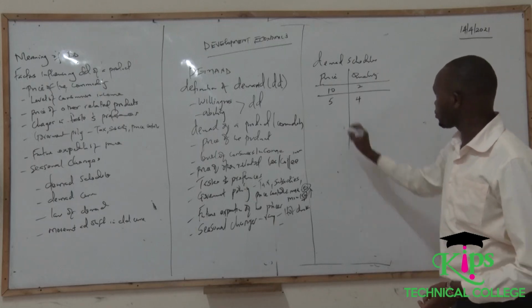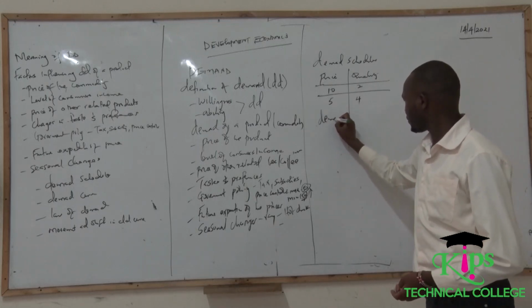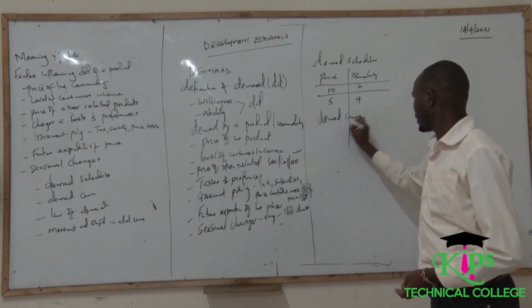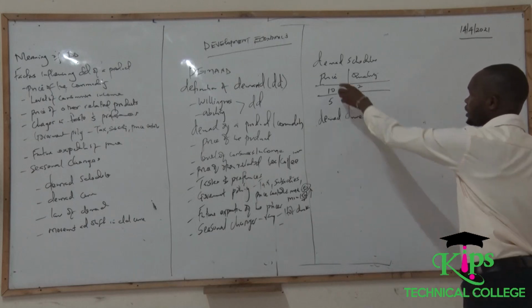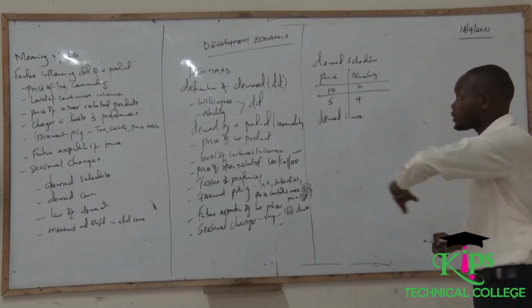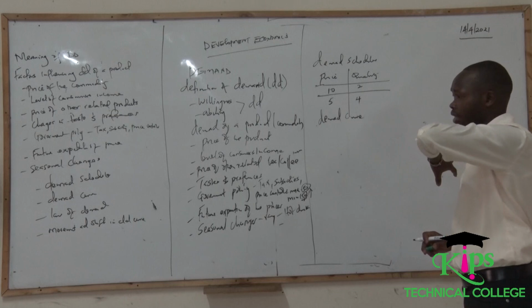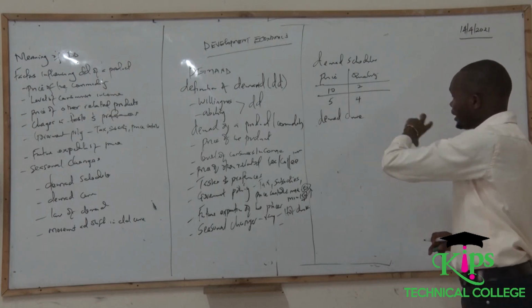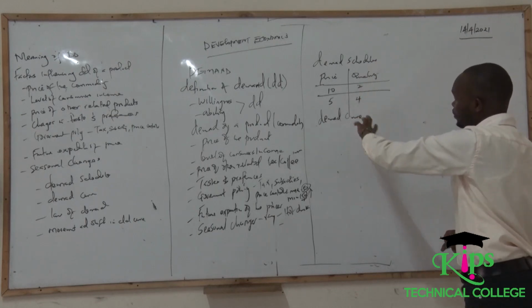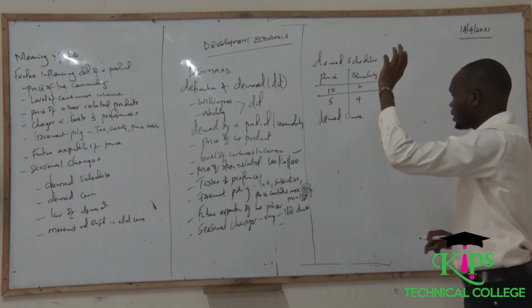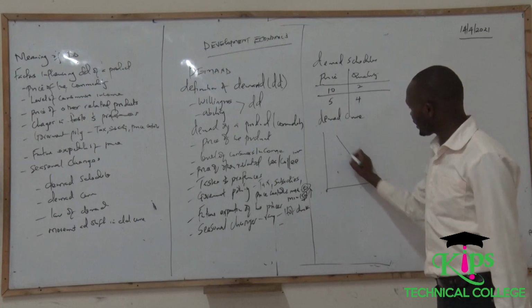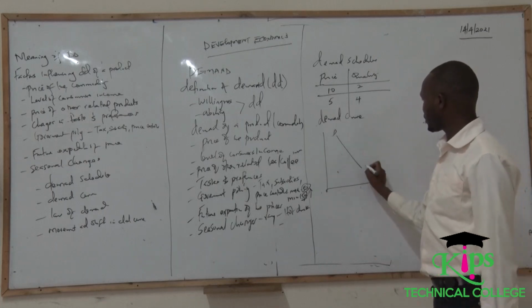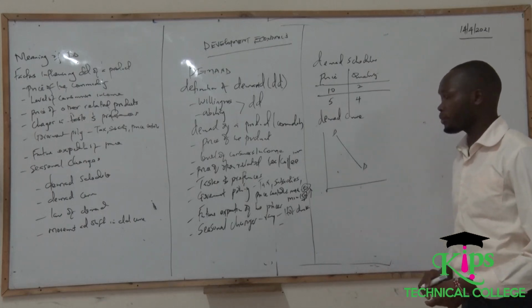Then we are also supposed to know the demand curve. The demand curve is the curve showing the relationship between the price and the quantity that you see in the demand schedule. The demand curve always slopes downwards from the left to the right because of the nature of demand. So this is how the demand curve is going to behave.